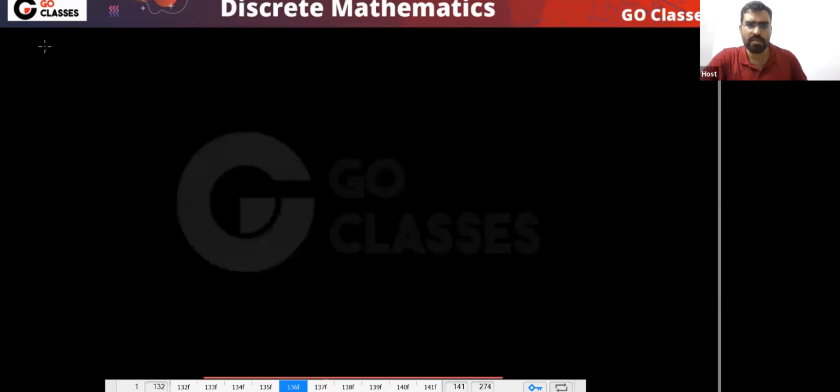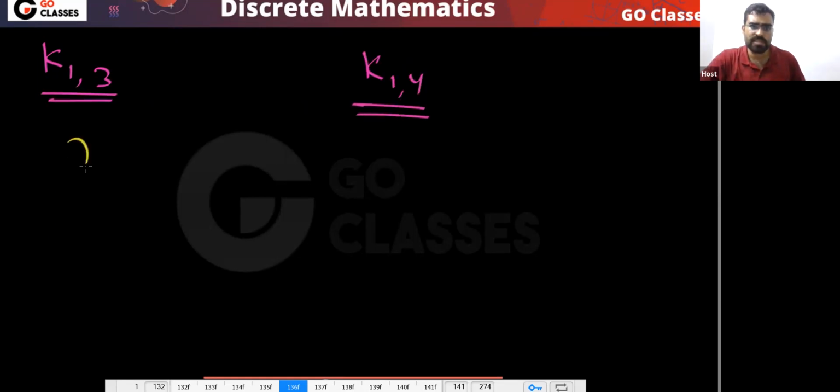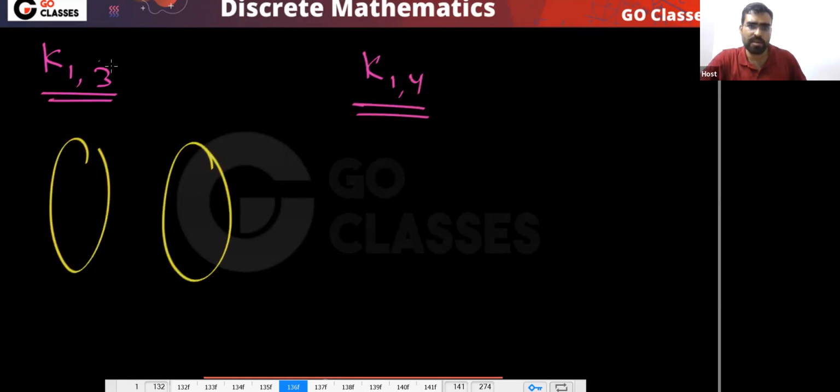What do you think K1,3 and K1,4 look like? Remember, K M,N is the symbol for a complete bipartite graph. K1,3 means you have one vertex here and three vertices here.